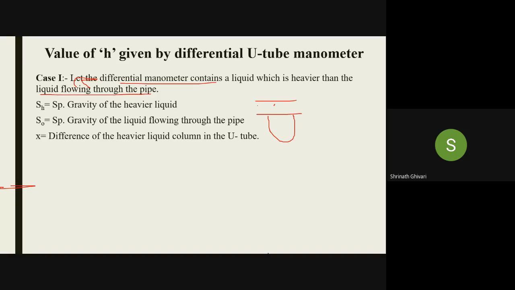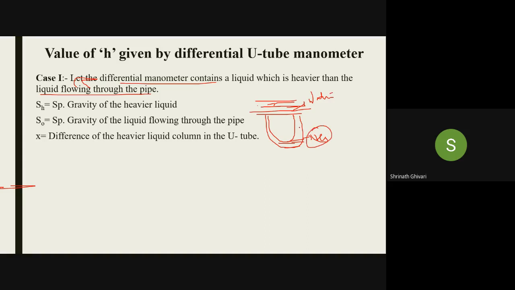A heavier liquid is in the manometer compared to the liquid flowing through the pipe, for example mercury here and water here.